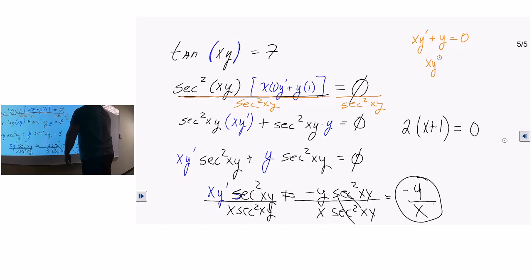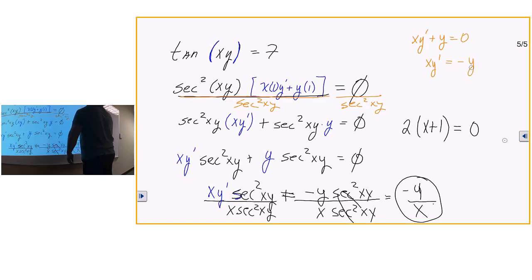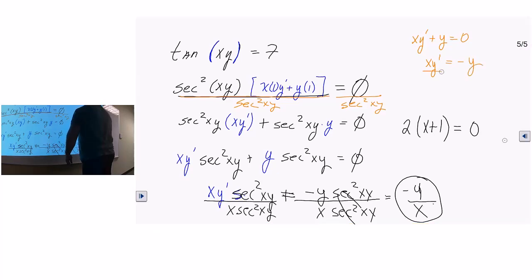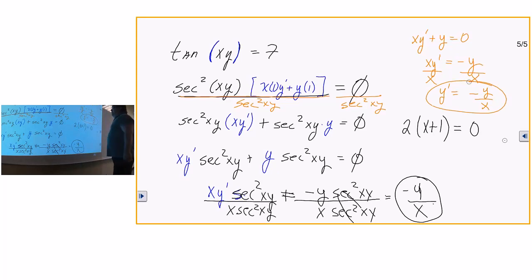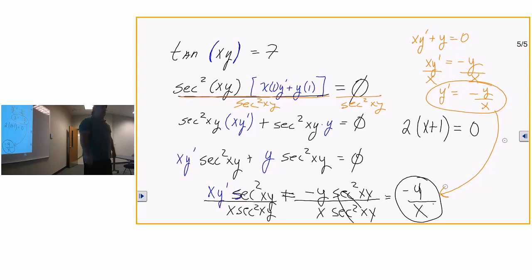Xy prime equals negative y. Divide by x, y prime is equal to negative y over x. Same answer? Yes. Manipulation. You're manipulating.